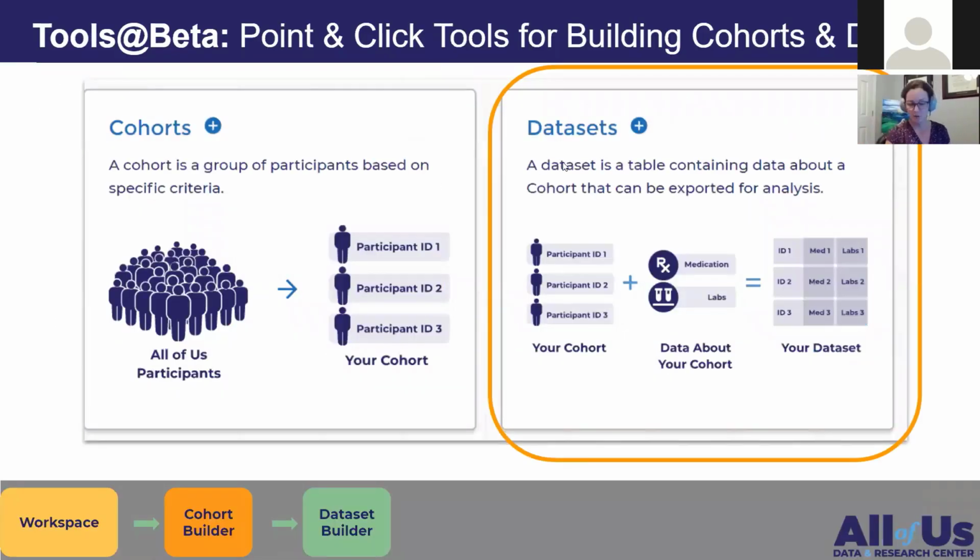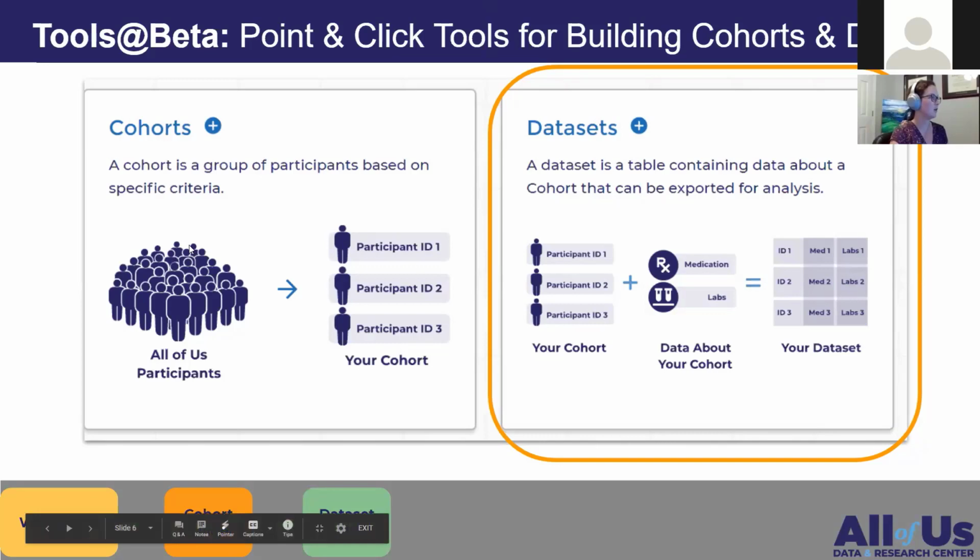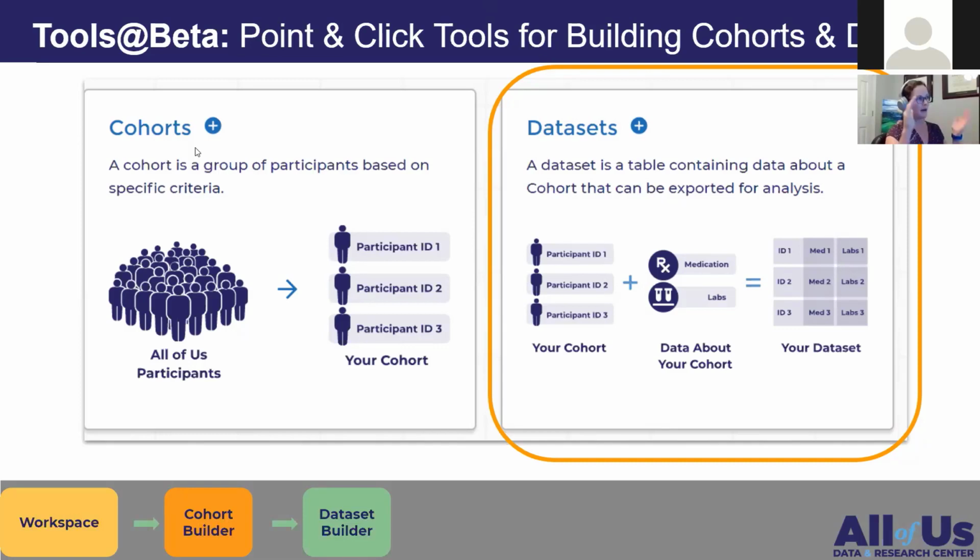If any of you were involved in the previous office hours, you'll note that we walked through in detail our cohort building tool. In this office hour, we're focused on the next set of tools, the dataset building tool, which includes this Concept Set Selector feature.